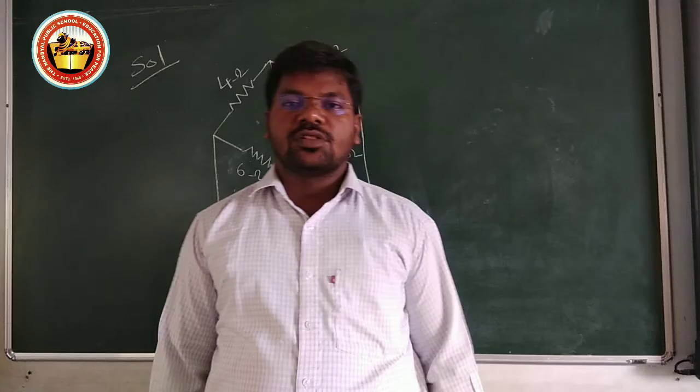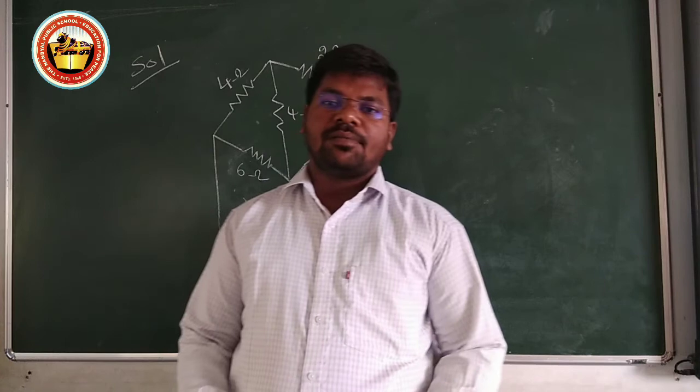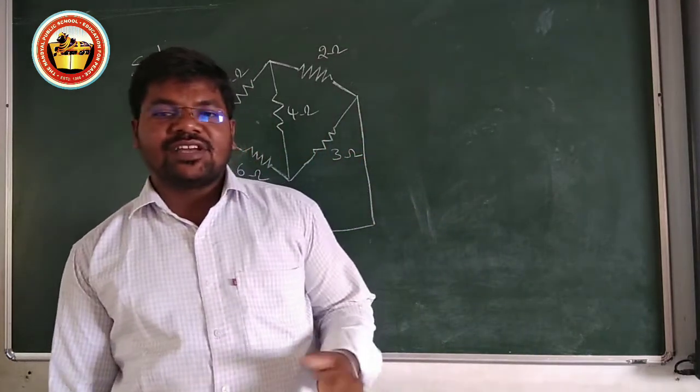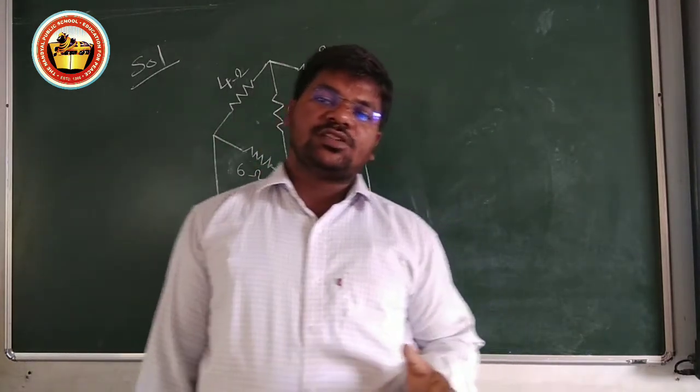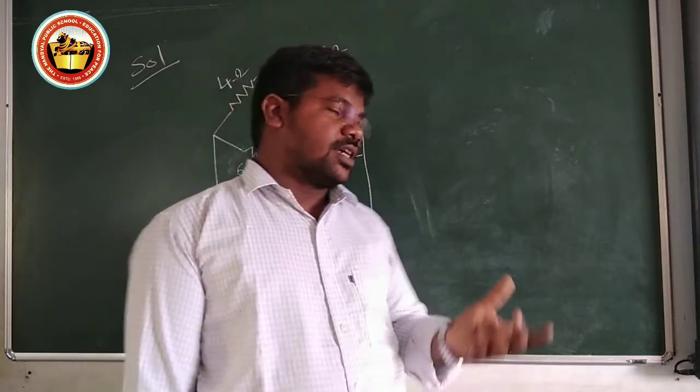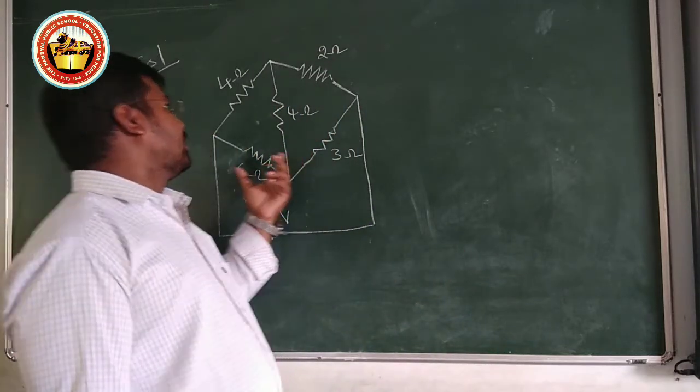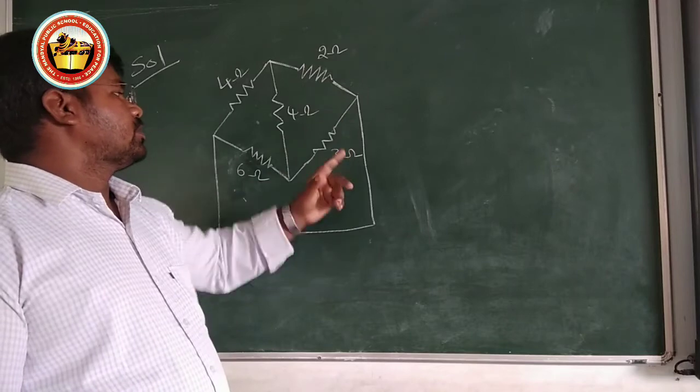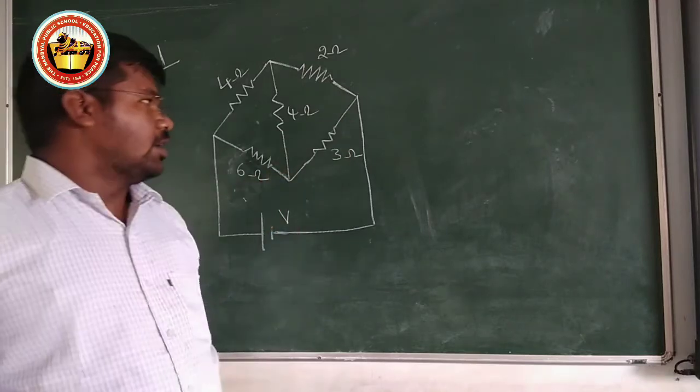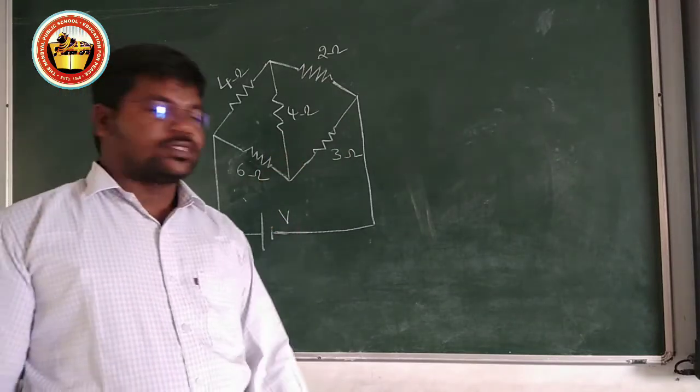Next problem: in the network shown in the figure, the value of the current I is? Here they given a circuit diagram which looks like a Wheatstone bridge. Here 4 arms are there: 4 ohms, 2 ohms, 3 ohms, 6 ohms. The middle arm is 4 ohms.